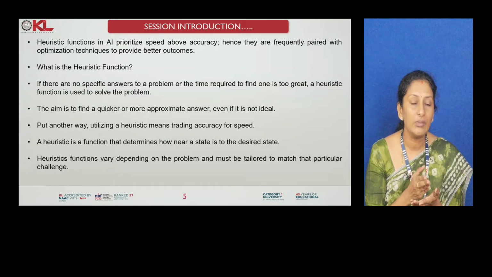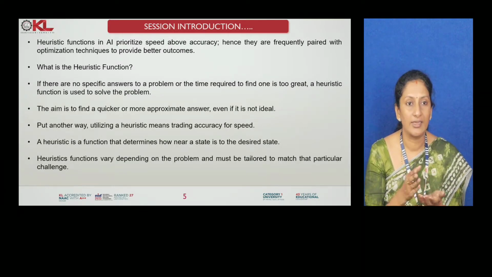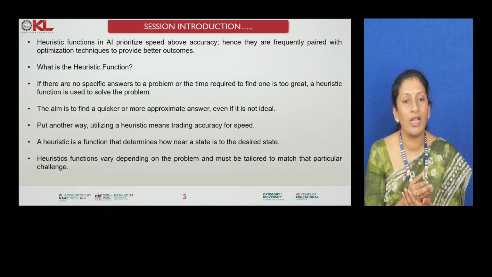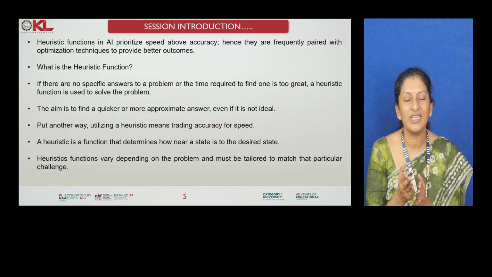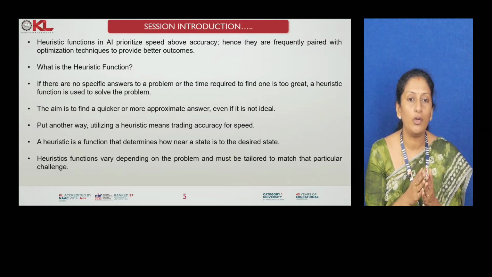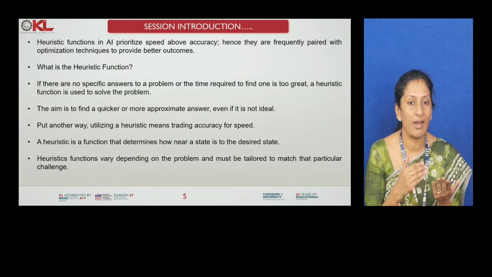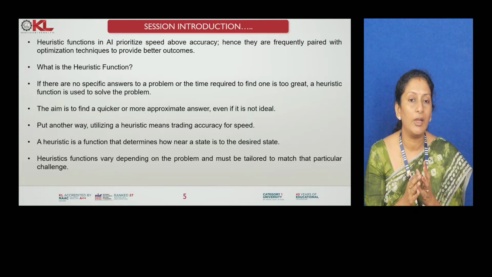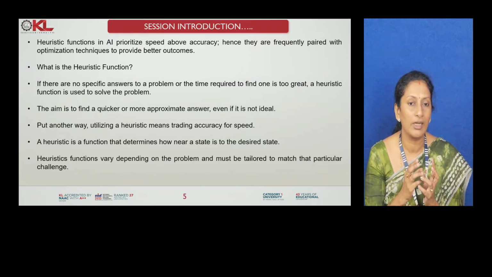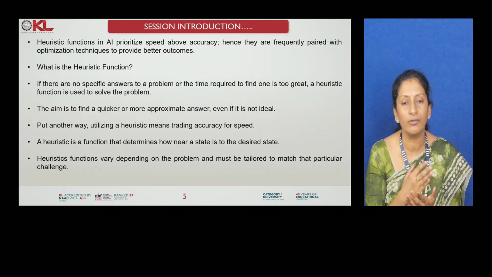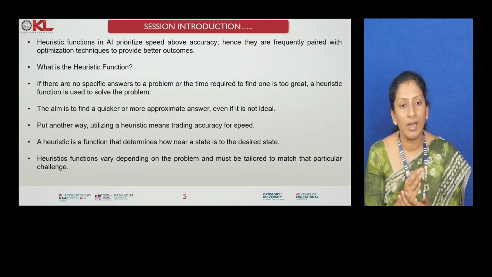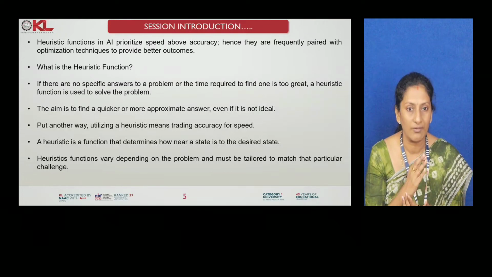The heuristic value can be considered a means of trading between accuracy and speed. If you want to find the solution in a rapid way, we keep a particular boundary for the accuracy and concentrate on the speed of the solution. In that case we use a heuristic function.